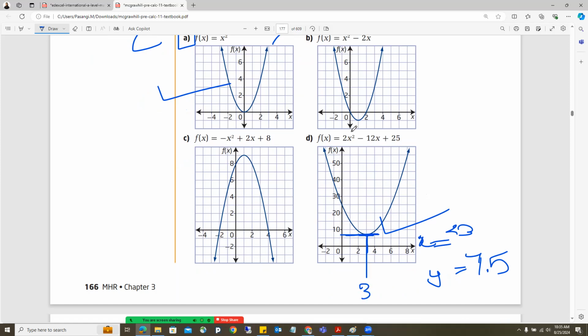So instead of this x, we can substitute the value 3 and find out the y value. Is it clear? Yes. Then you can find out exactly the y coordinate of the vertex.